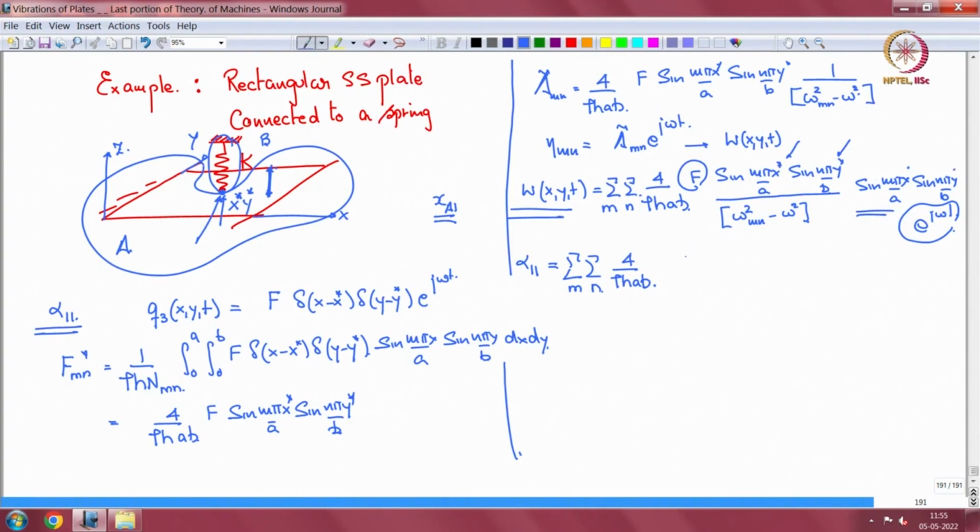So I have sin square m pi x star by a, sin square n pi y star by b, and the frequency term 1 by omega square mn minus omega square.